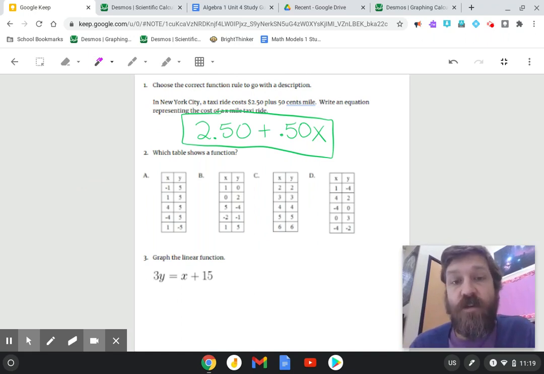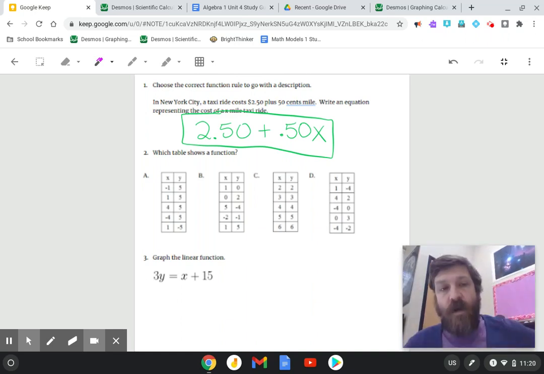So this one was addition because it says plus 50 cents per mile. It might be a situation where there's some kind of subtraction or taking away. So really that's how you're doing it. That's what that type of question is going to look like, but you're going to be given a multiple choice set of options.